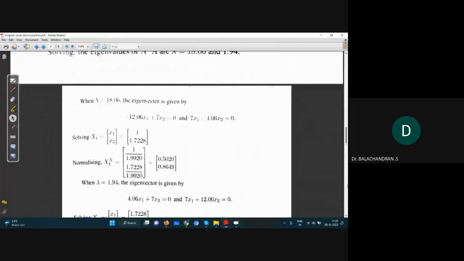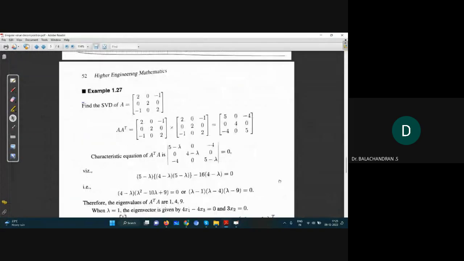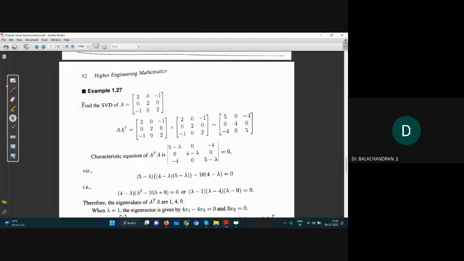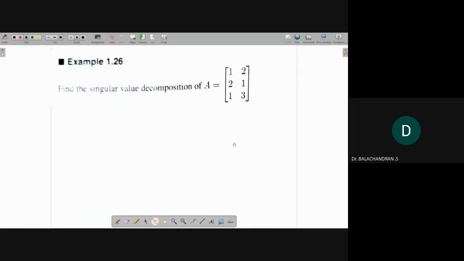This is the first problem, and then the second problem is a 3 by 3 matrix. I'll give you a 3 by 3 matrix in singular value decomposition. Try to solve these two problems.